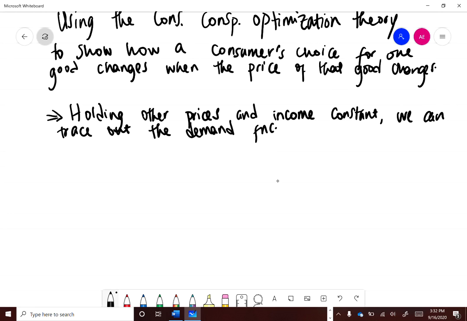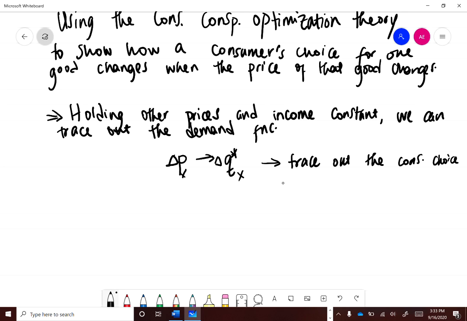So we can use how a change in price for one good will affect the consumer's optimal choice. Call this Q star of X changes. And with this, we trace out the consumer's choice as P changes, with Px.